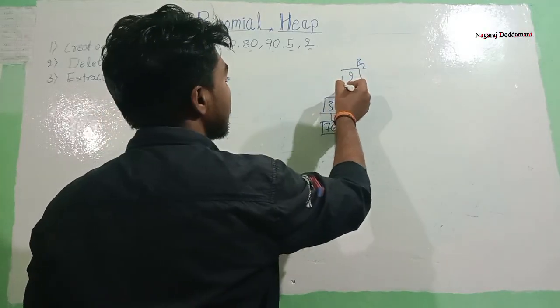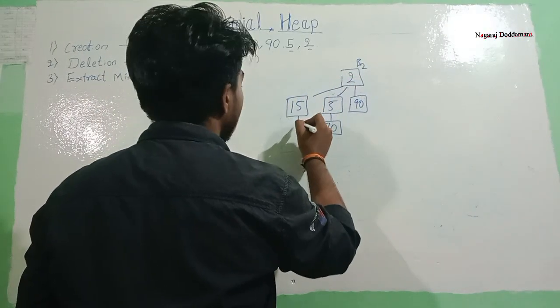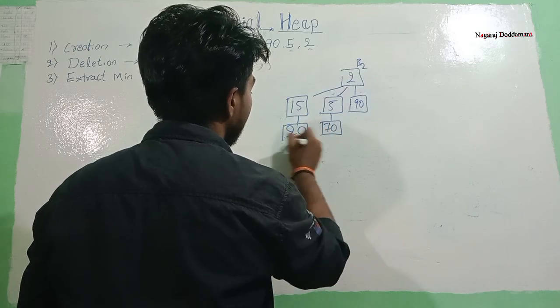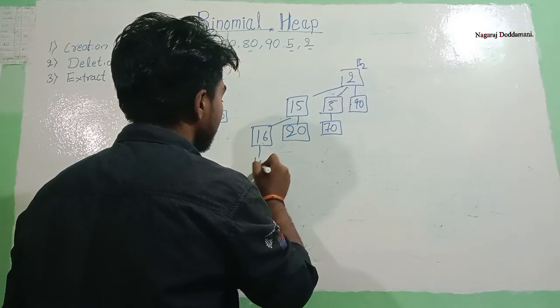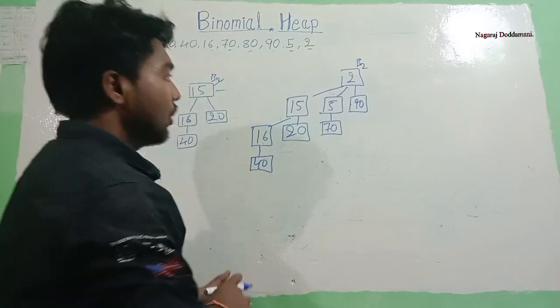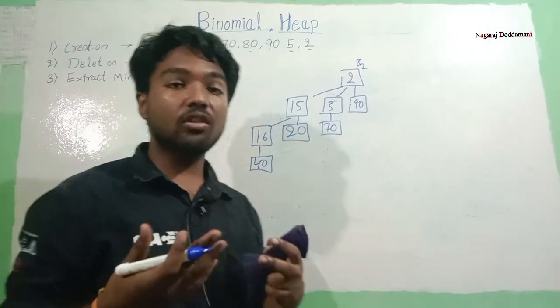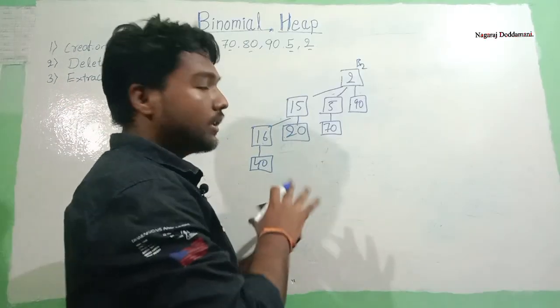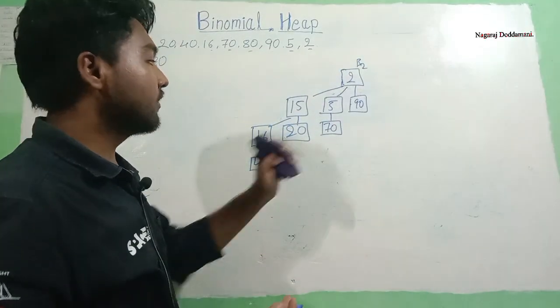So we will make this entire tree: 15 and 20, and it's 16. This one is 40. So after merging, after deletion of 80, we will get the binomial heap output as this one.